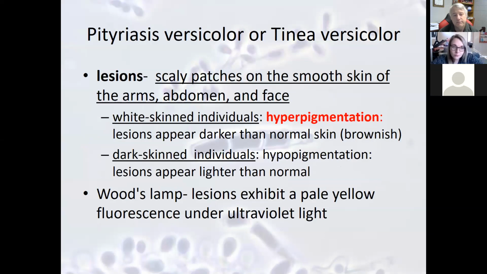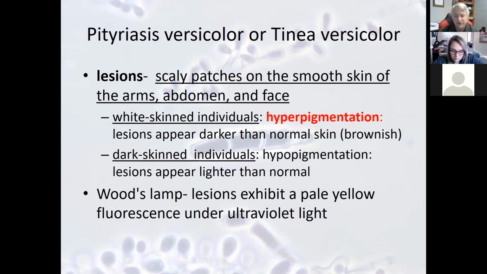So news for you white-skinned individuals and news for you dark-skinned individuals: we are different in the way that these appear on us. It's not a darkening on dark-skinned individuals, where it may not even be seen. It's actually lightening. So it gives an obvious clue. So it's very nice for the doctor to be able to see those areas of your skin.